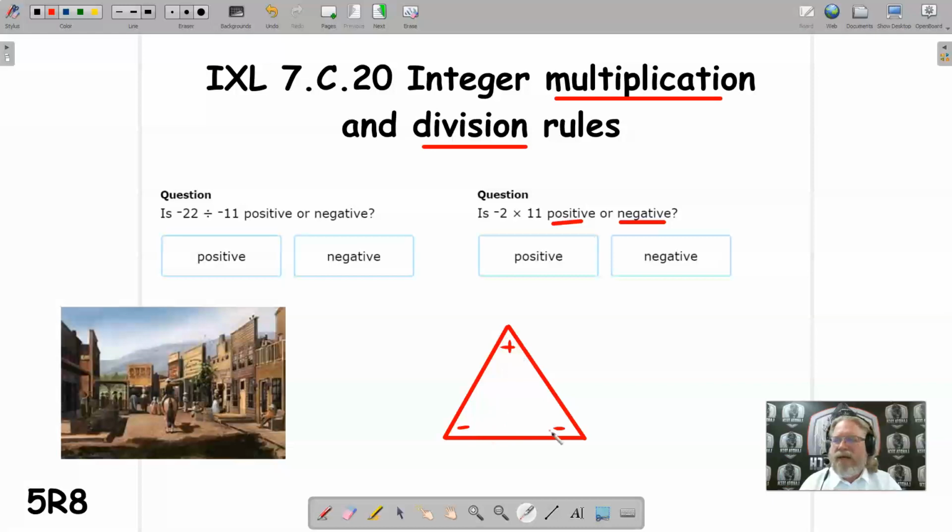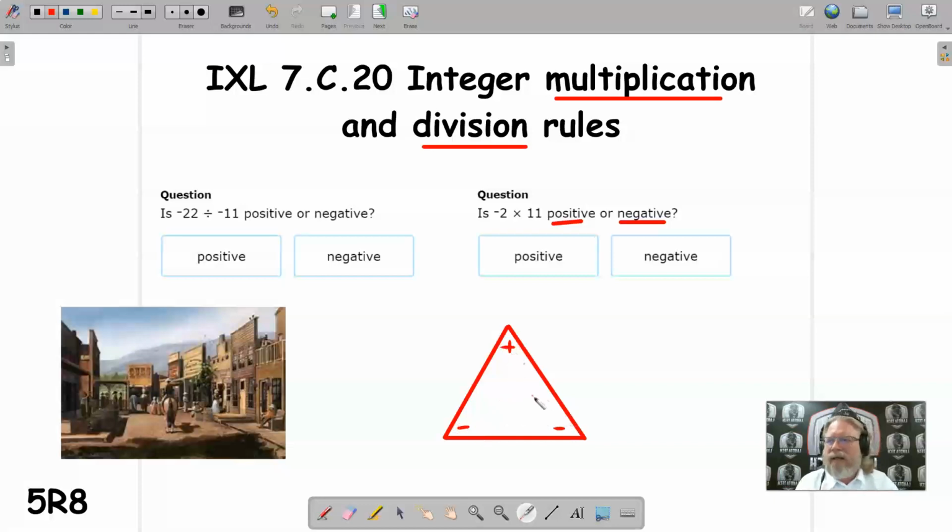So a negative times a negative equals a positive. And if you covered up the negative and the positive, what would be left to see would be the negative sign. So a negative times a positive equals a negative, and a positive times a negative equals a negative.